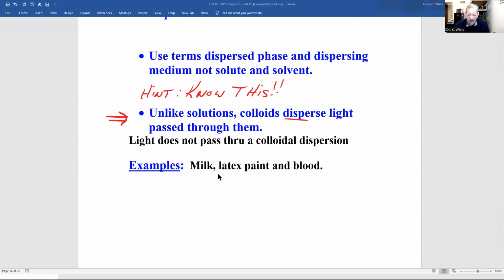So you should know examples of colloidal dispersion. Another one I have down here is mayonnaise. If you don't believe me, take a flashlight, hold it up to a bottle of mayonnaise, and it won't shine through unless the bottle or container is empty. But if it's got mayonnaise in there, it won't.